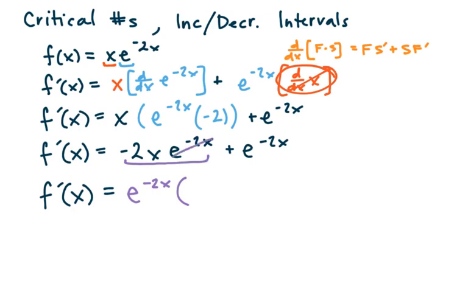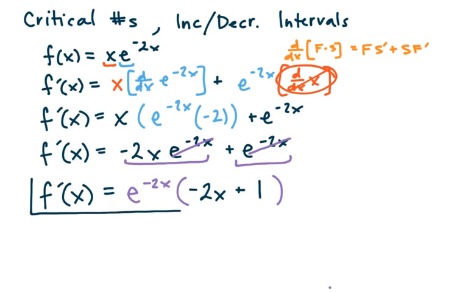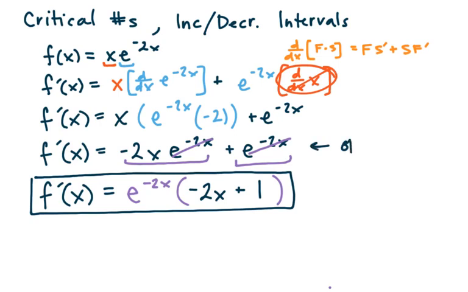Well, the first term, if I factor out e to the negative 2x, I've got negative 2x, plus the second one, if I factor out e to the negative 2x, I have nothing left. But I need that little placeholder, an invisible 1. Okay? So personally, I think this is a better form for us to state our derivative, but the line above it was okay for the derivative. Okay?